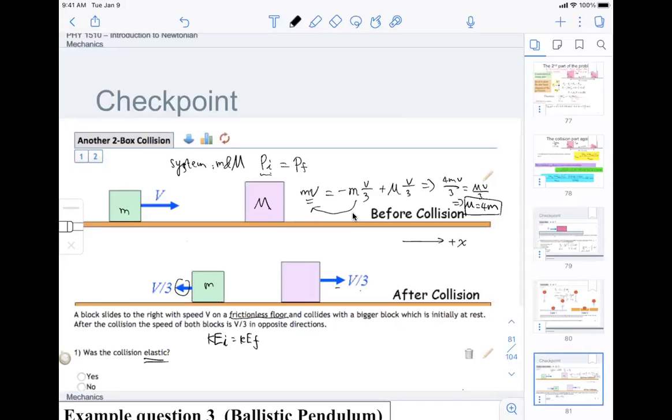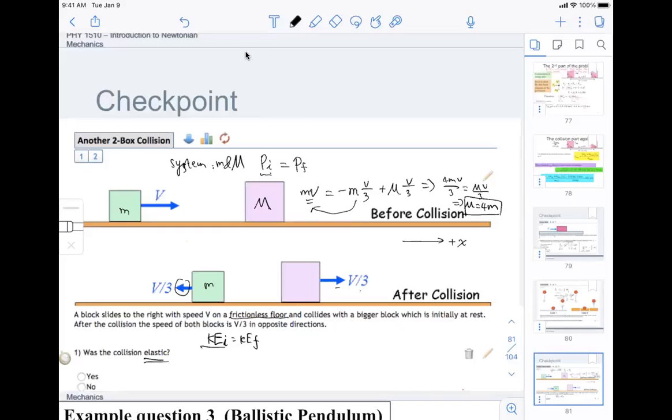It is now being shared by the little m and the big M. However they split this is going to depend on the mass. In this case, the red block is exactly 4 times the mass of the little block, and conservation of momentum tells us that if one bounces back with v over 3, then the other will move forward with v over 3.